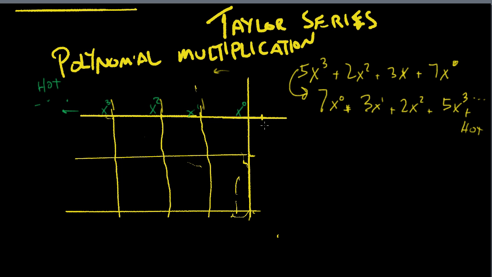In the same case, if you were squaring this, you would do the same thing going down: x to the 0 term, x to the first term, x to the second term, x to the third term.